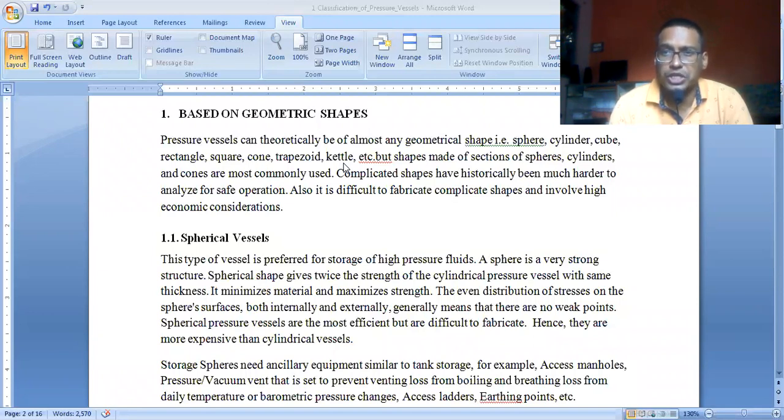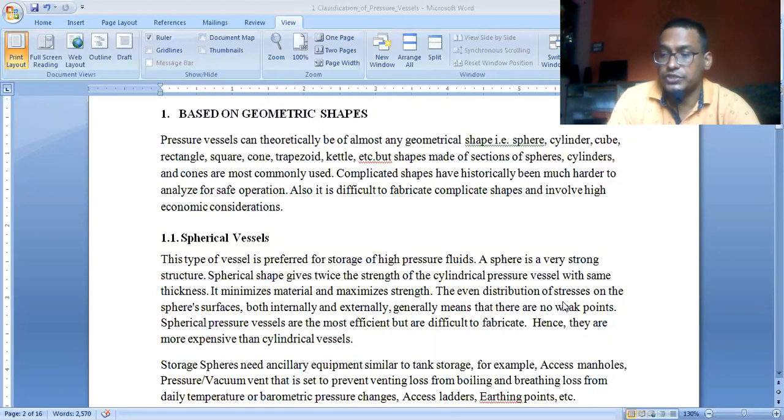There are so many joints in fabrication, and so that makes the spherical vessels costlier.